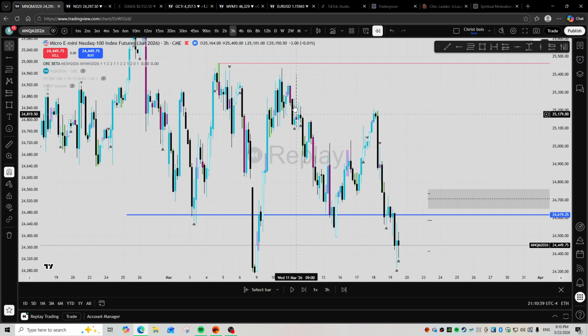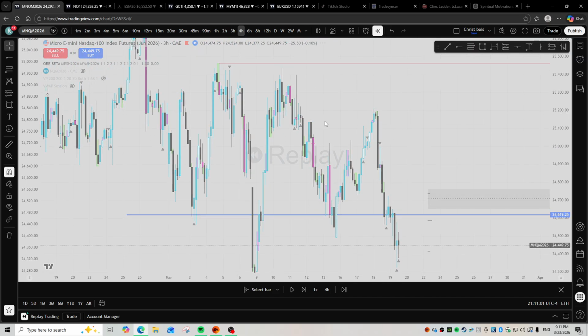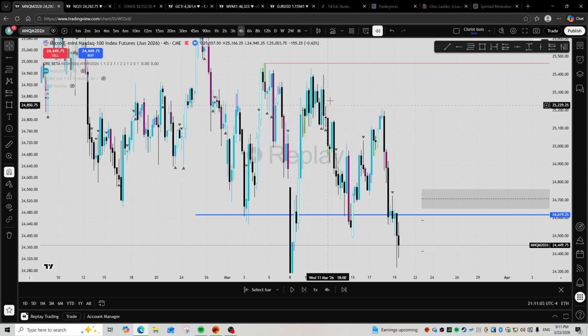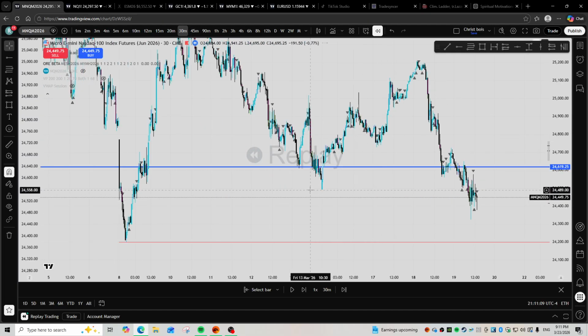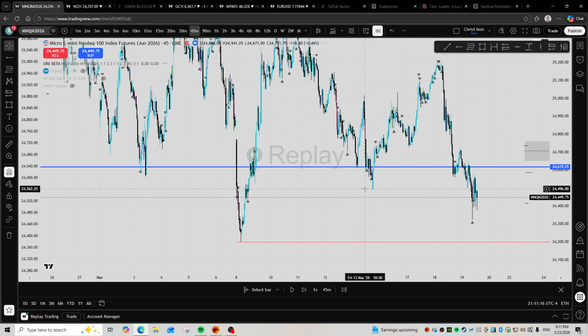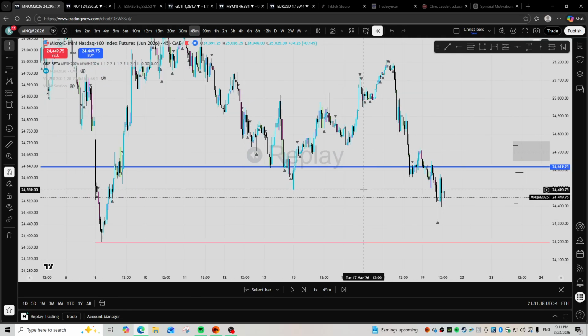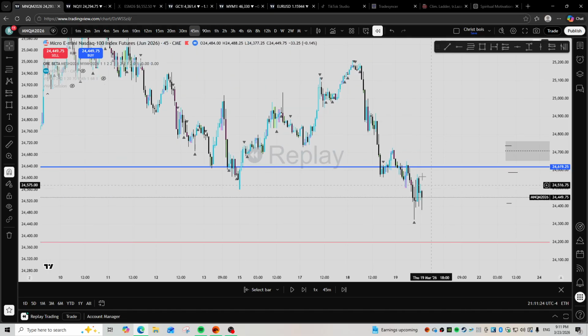Because we were in this 4 hour right here, which was not made in OB, so it has to be below here, which we see comes in the form of this nice 30 minute, not this 45 I've checked before.